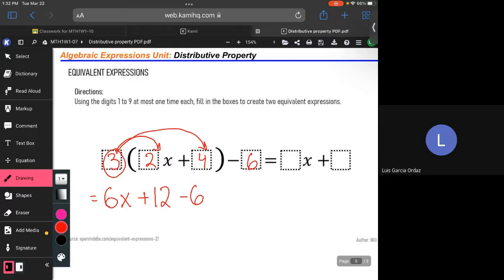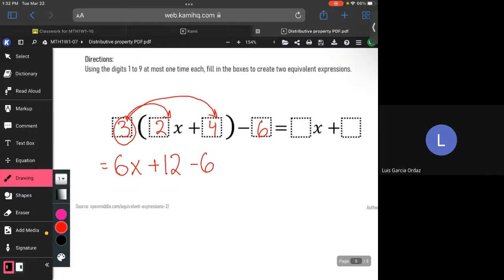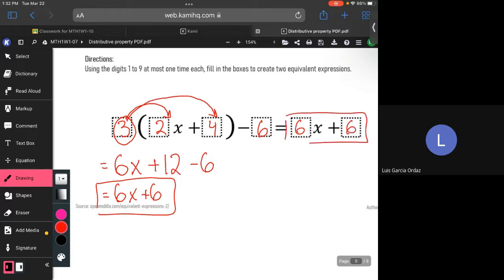So luckily for us, our like terms are beside each other. So what does this expression simplify into? 6x plus 12 minus 6. Alice. 6x plus 6. Good. Perfect. It's as easy as can be.